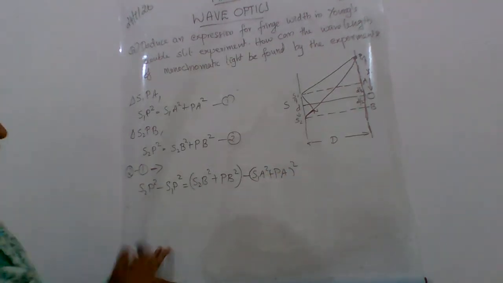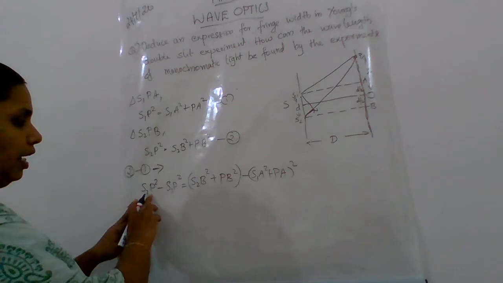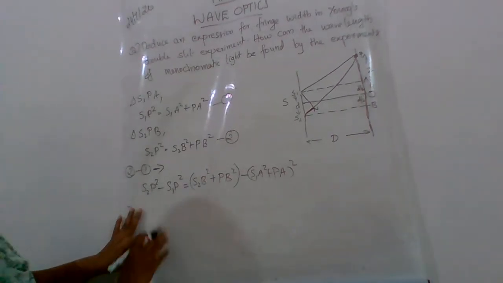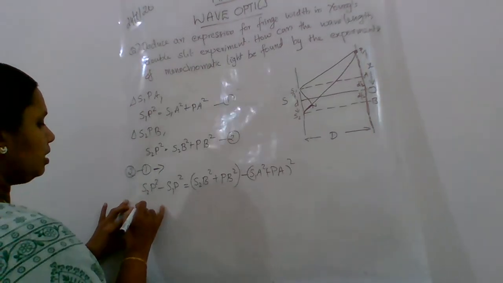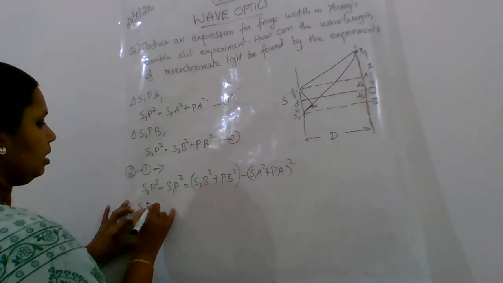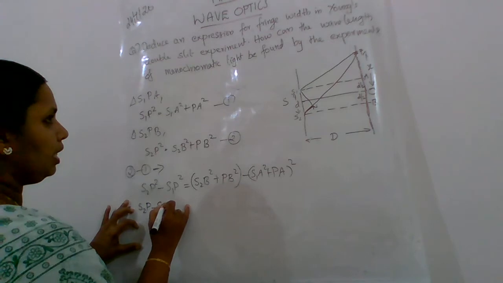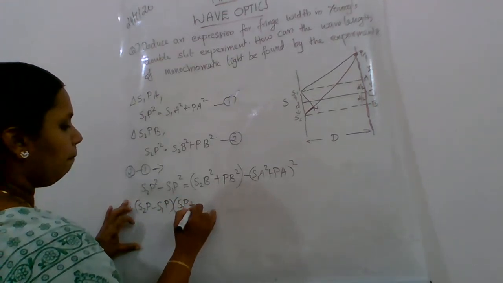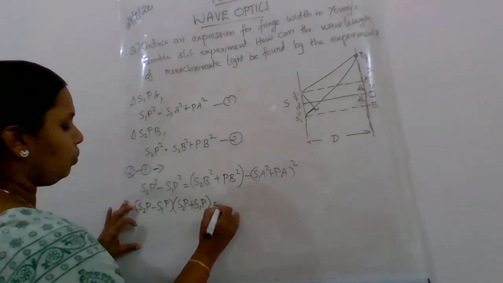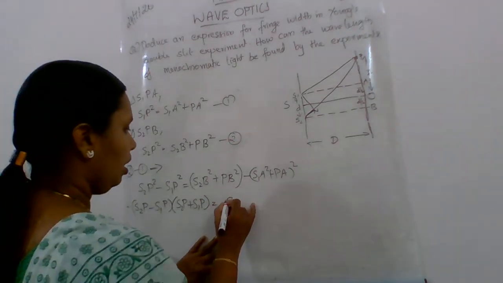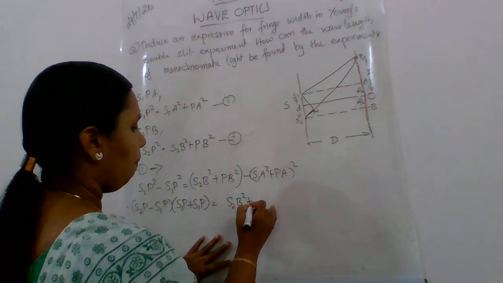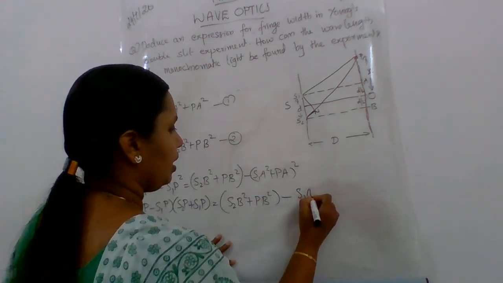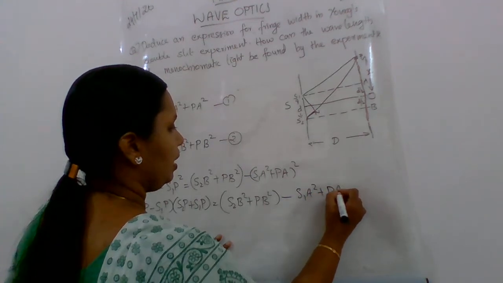And this is in the form of A square minus B square. What is A square minus B square? It is (A plus B) into (A minus B). So (S2P minus S1P) into (S2P plus S1P) is equal to S2B square plus PB square minus S1A square plus PA square.